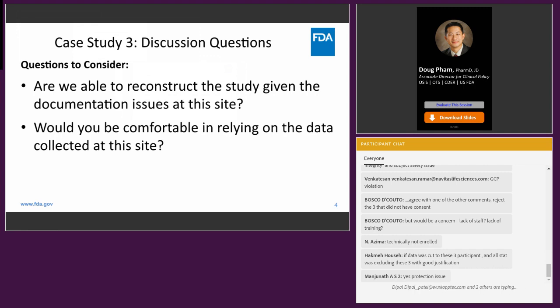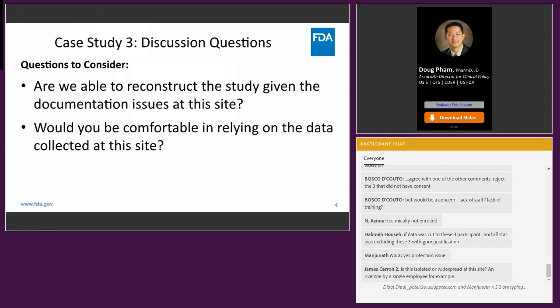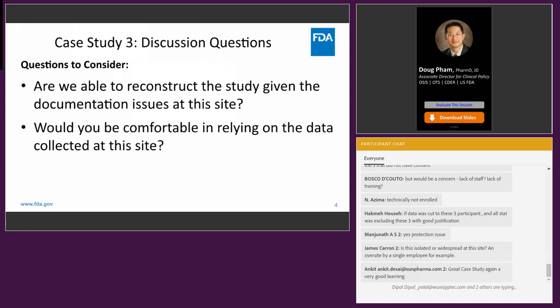The second issue that's in play here is the missing informed consents. I think there were 5 that were noted here, and this is a big deal because we're talking about human subject protections, right? They shouldn't be enrolled until you have a completed and appropriately consented subject before you can get randomized and get into treatment, all that stuff.